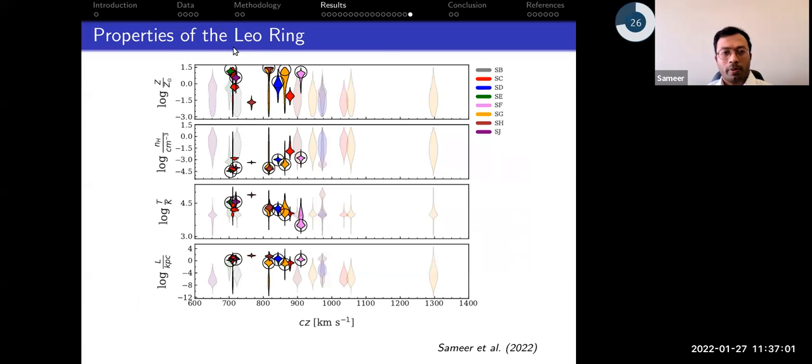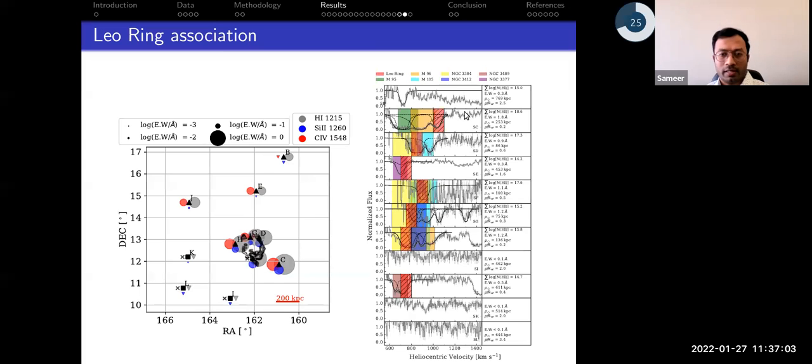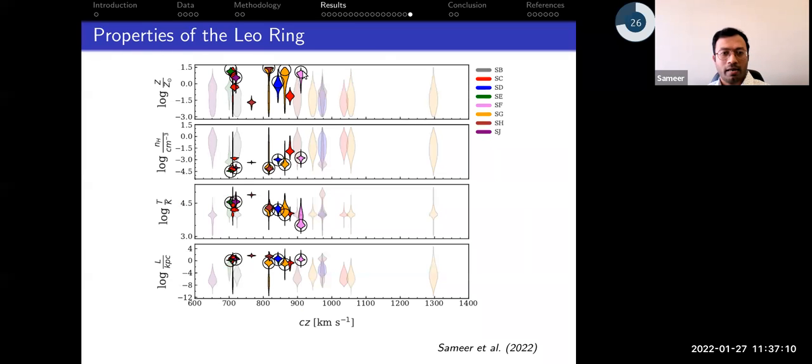Now coming to the properties of the Leo ring. So we have estimated their properties and determined which of the absorption components are associated with the Leo ring. So here I have plotted the properties: metallicity, hydrogen number density, temperature, and line of sight thickness. A thing that is consistent among all these Leo ring associated absorption is that they seem to show solar or higher metallicities. Hydrogen number densities are between 10 to the minus 4 to 10 to the minus 3.